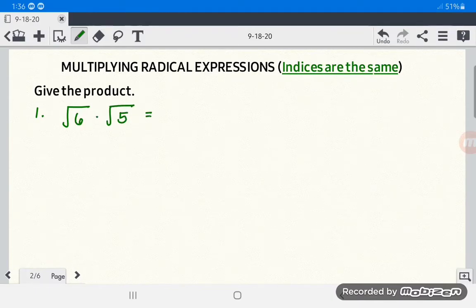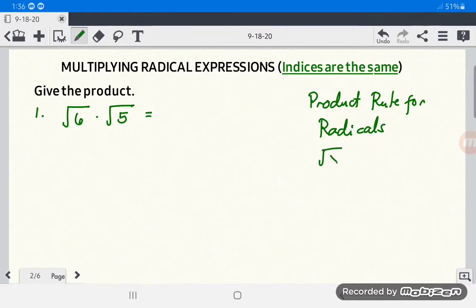Here we're going to make use of the product rule for radicals. Remember the product rule for radicals, wherein if we have the square root of x times the square root of y, we multiply the radicands. So we have the square root of xy.